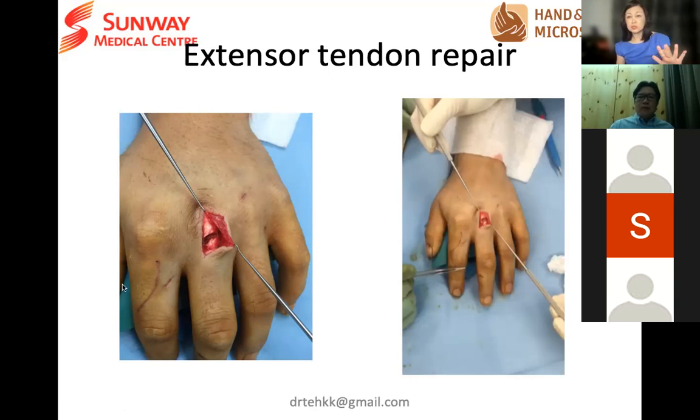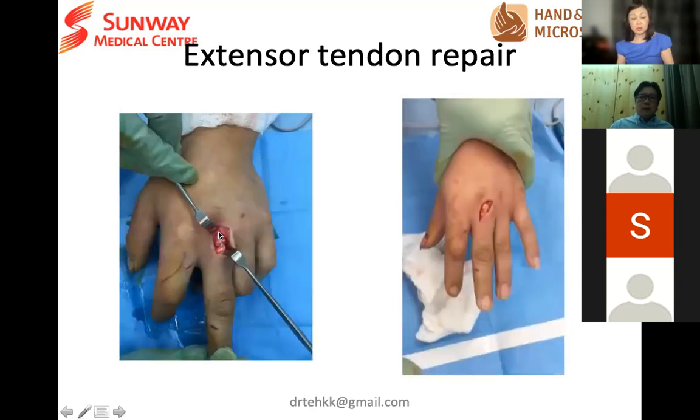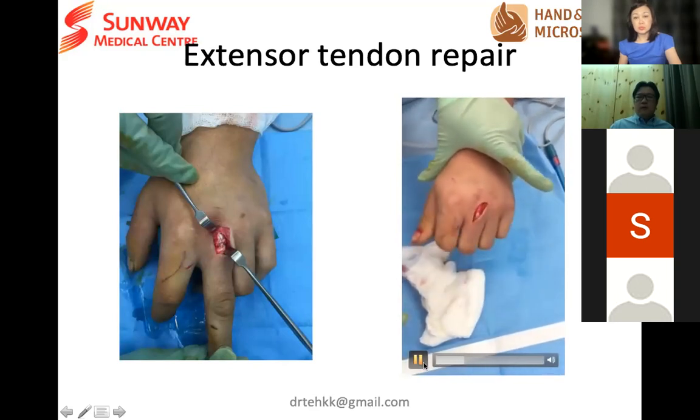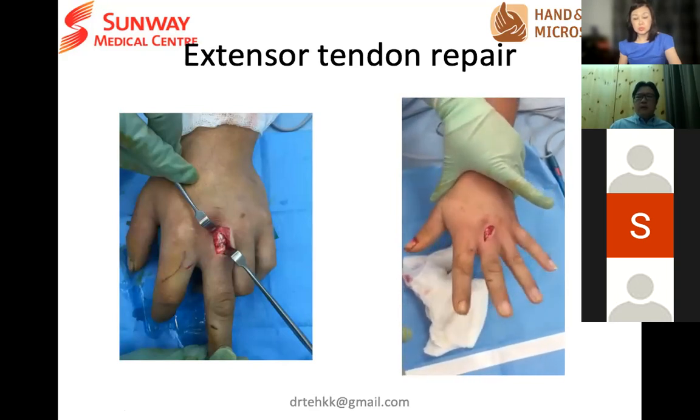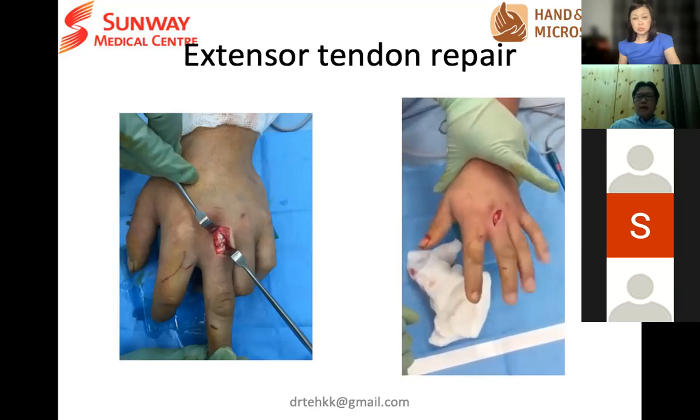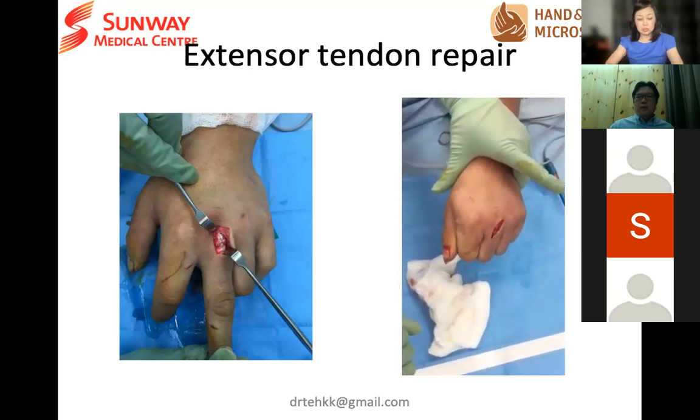And this will soon rupture if you don't repair it. So that's why it's important to explore this and repair it. And this is, again, after the repair, you can see I'm testing the repair and making sure that the tendon is gliding and it's not gaping, because if I don't repair it properly, it will gape and open up.